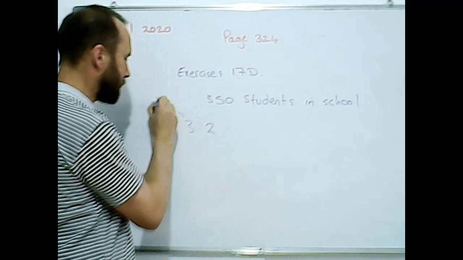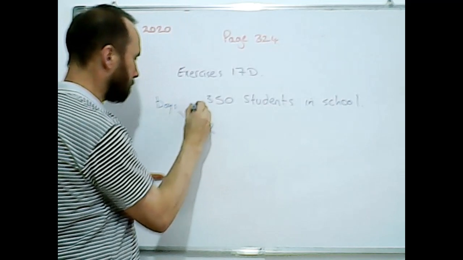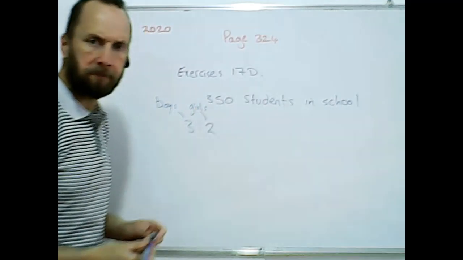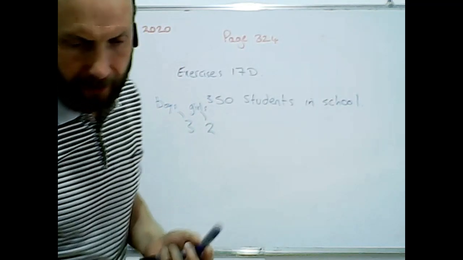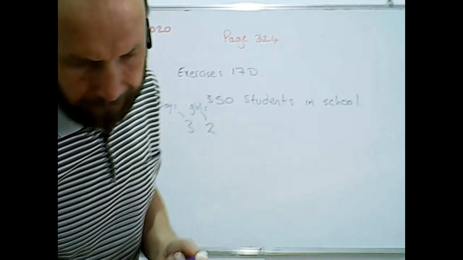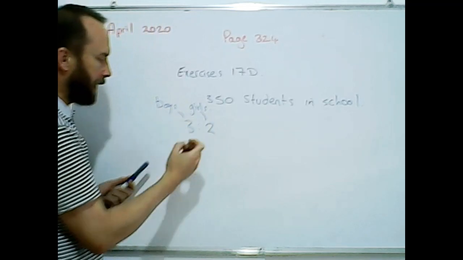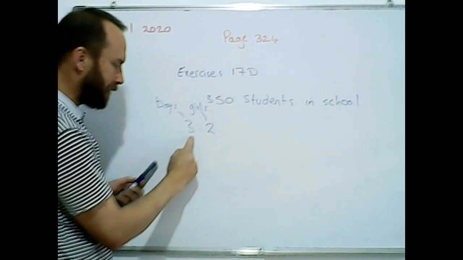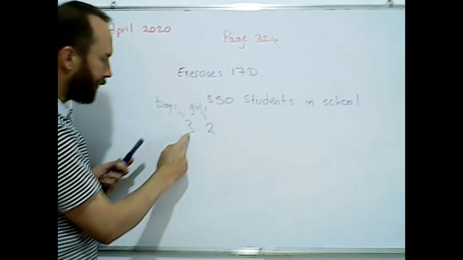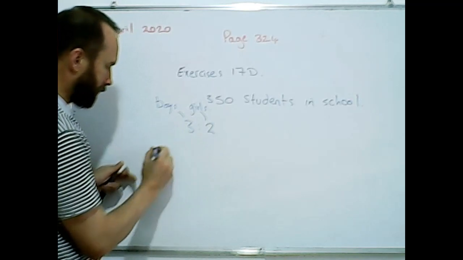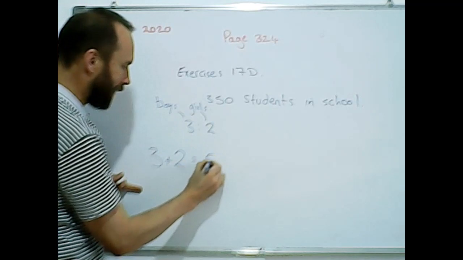So these are the boys, and these are the girls. The question is how many are boys and how many are girls. So what we have to do here is add the two ratios together. We've got 3 boys to 2 girls. If we add the 3 plus the 2, we get 5.